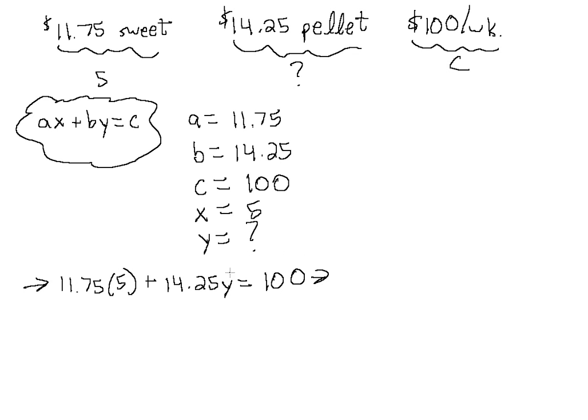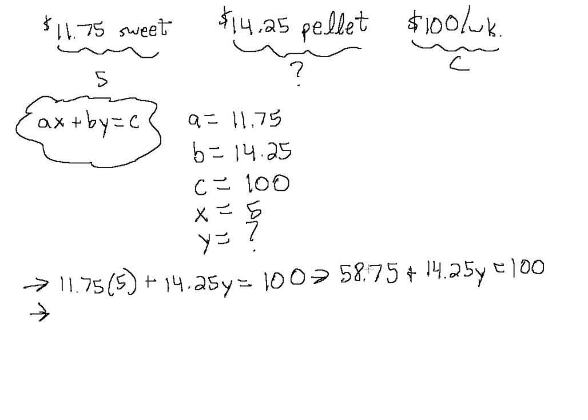So let's go ahead and multiply this out and isolate our variable, getting everything else on the right side. So 11.75 times 5 gives us 58.75, plus 14.25 Y equals 100.